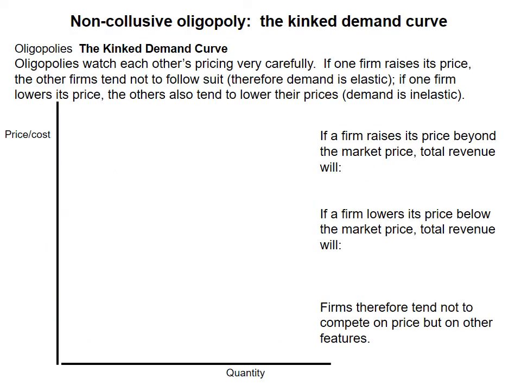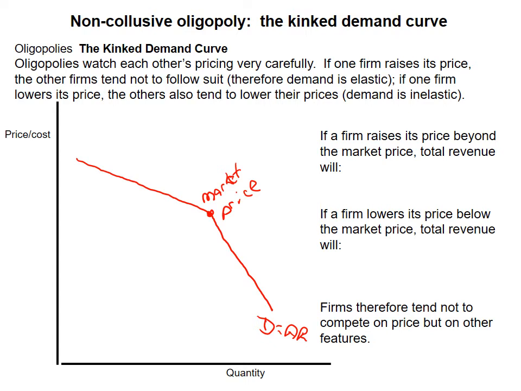Okay, so the non-collusive oligopoly. What it looks like is this is relatively elastic to this point and then becomes steeper. So this is demand, which equals average revenue, and here is the market price. Now, what happens is that they watch each other very, very carefully.